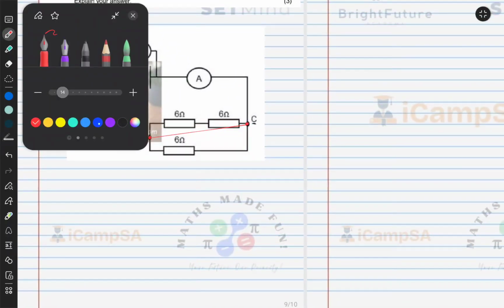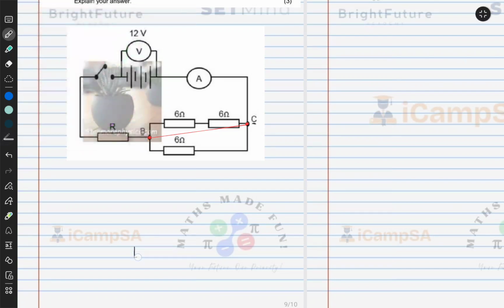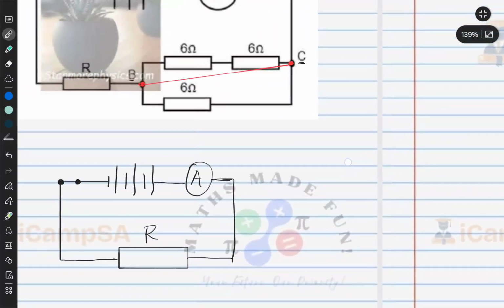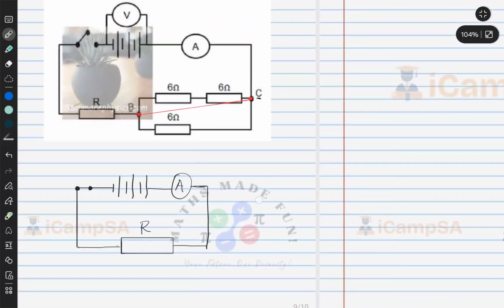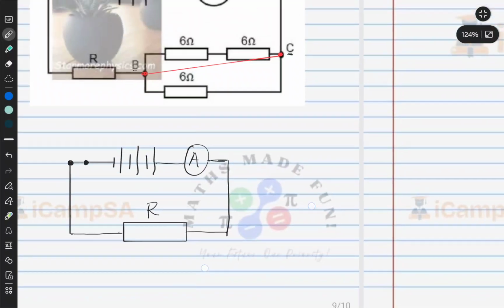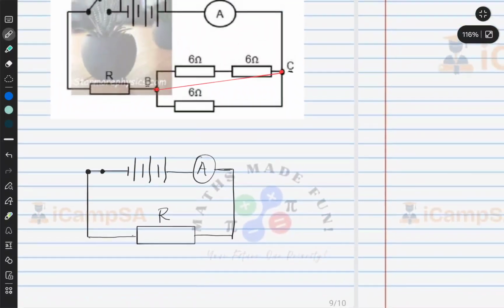It means effectively our new circuit will be something like this, where I can add the ammeter here. Right, so this is our new circuit. Once I add that wire there, our new circuit will be like this. If you check, it means now, because remember our R was 0.67 when we calculated it.